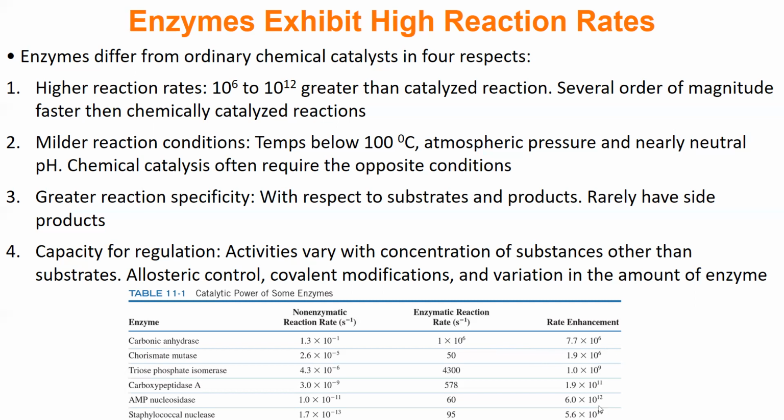Staph nuclease is one of the fastest rate enhancements we see when we compare the non-enzymatic rate to the enzymatic rate. So the enzyme takes 95 reactions per second, basically, is what this unit means. Here, for this reaction to happen, you're looking at years maybe for it to happen without an enzyme. So our rate enhancement is times 10 to the 14th, a very massive number.